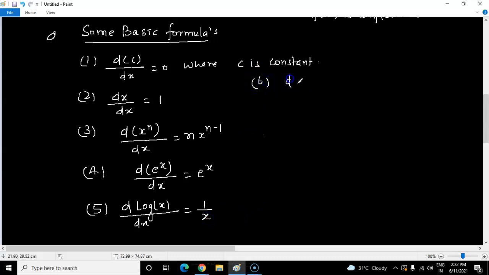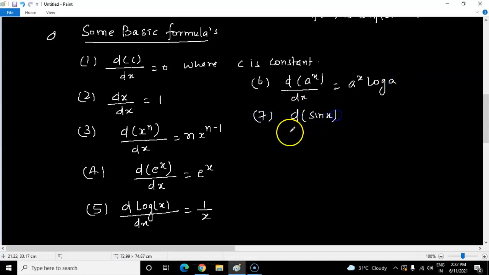Differentiation of a to the power x is a power x into log of a. Differentiation of sine of x, a trigonometric function, is cos of x. Differentiation of cos of x with respect to x is minus sine of x.